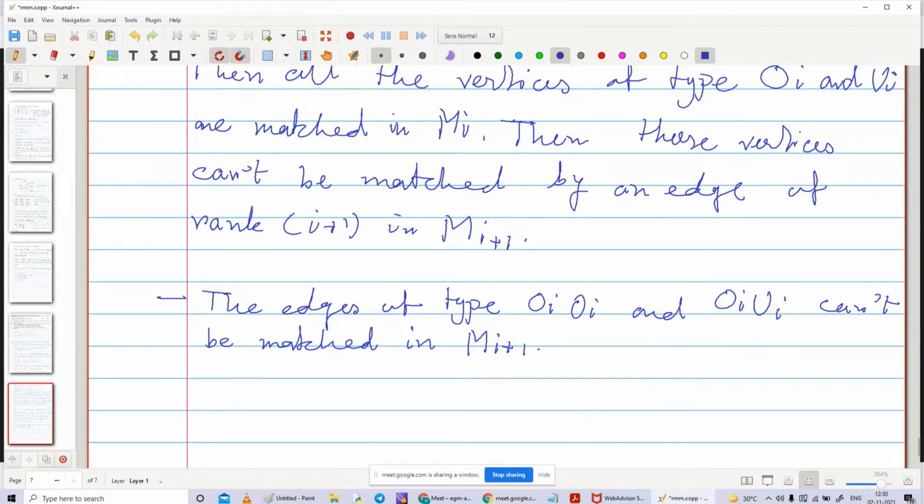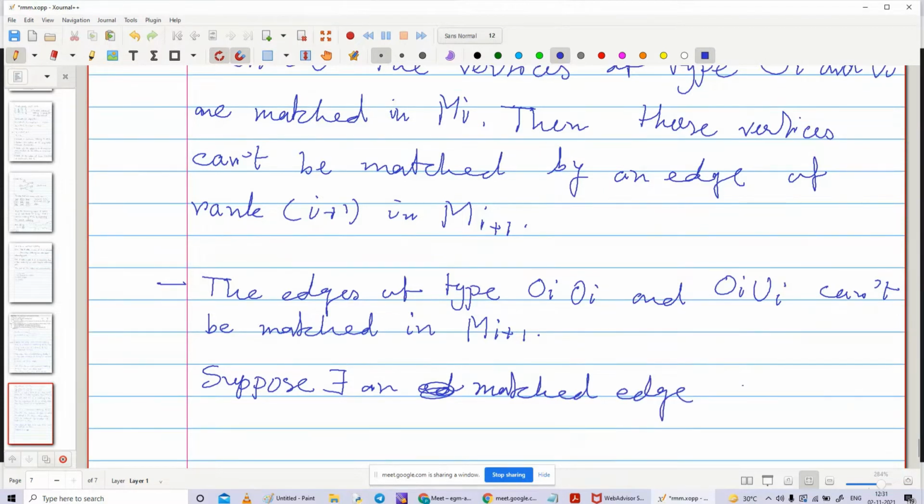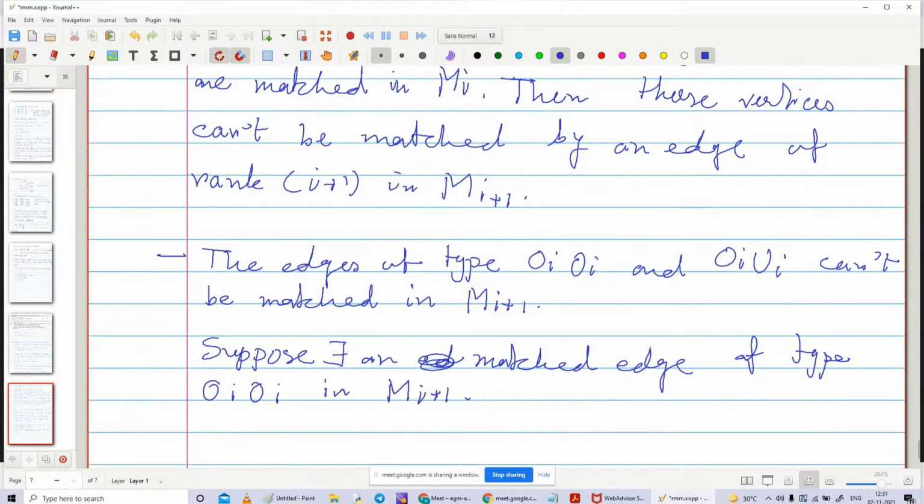No, not that way. So let's do that in this way. Suppose there exists a matched edge of type Oi, Oi in Mi plus 1, right?